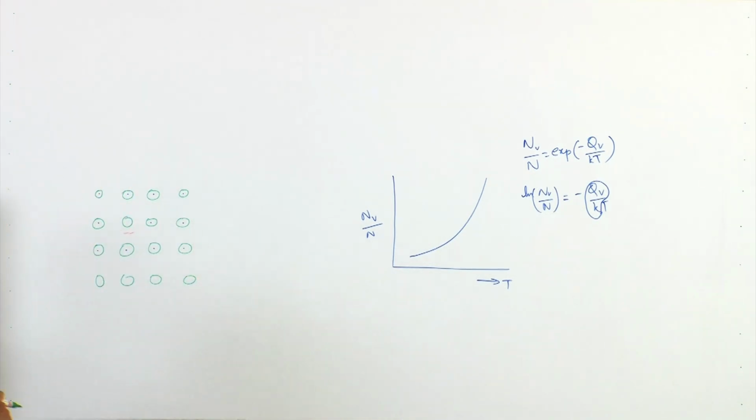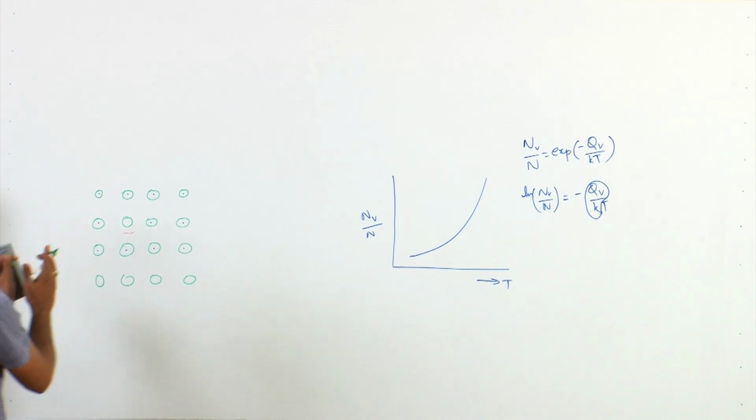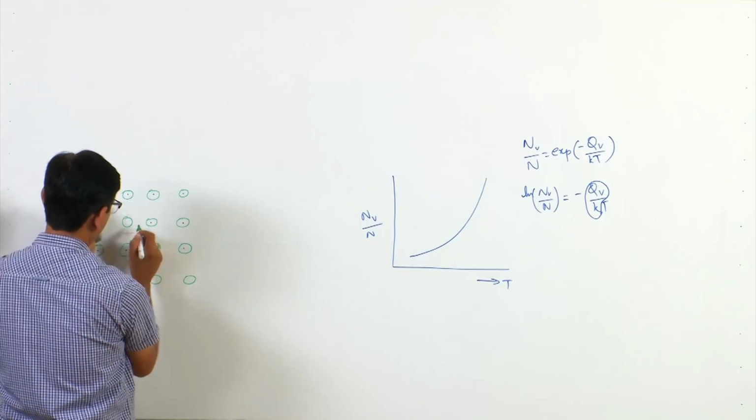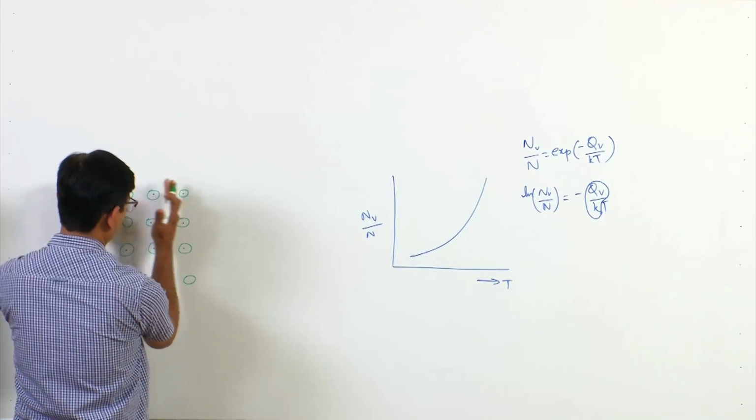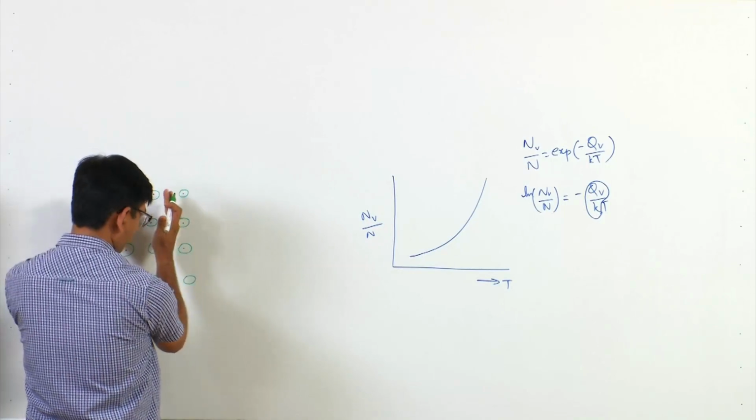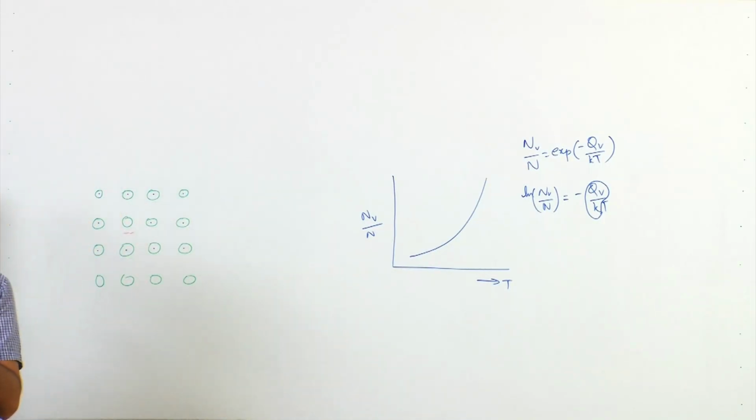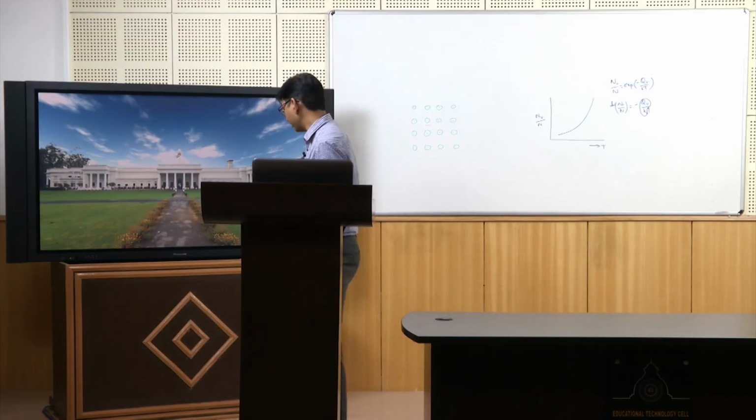Now, I have inserted another half plane in that. Suppose I have inserted up to this point, then this atom will give some space for this extra half plane, and that is what is shown here.